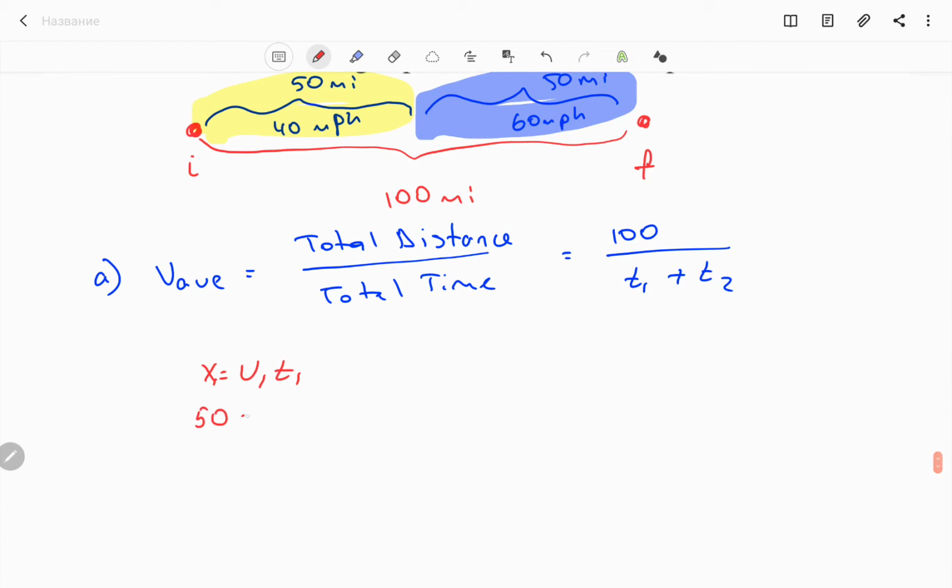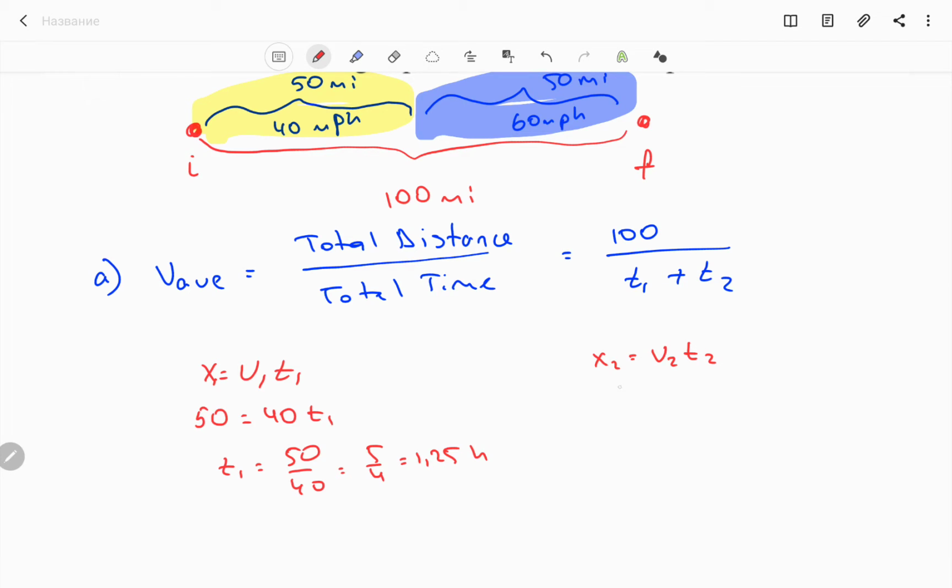So 50 for the first half, velocity 40, time 1 unknown, so time 1 equals 50 over 40, which is 5 over 4, or we can say 1.25 hours. In a similar way, we can find the time needed to travel the second half.